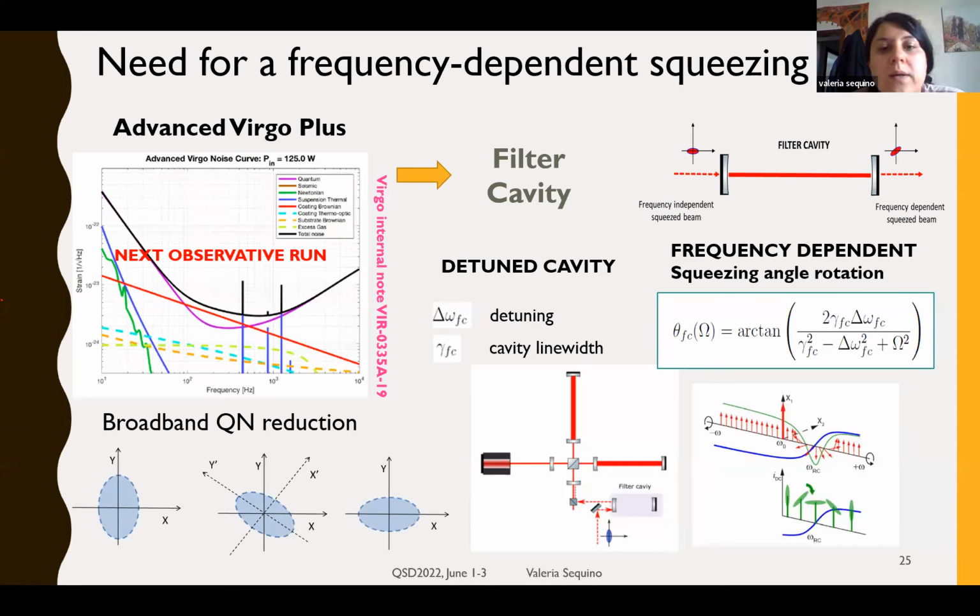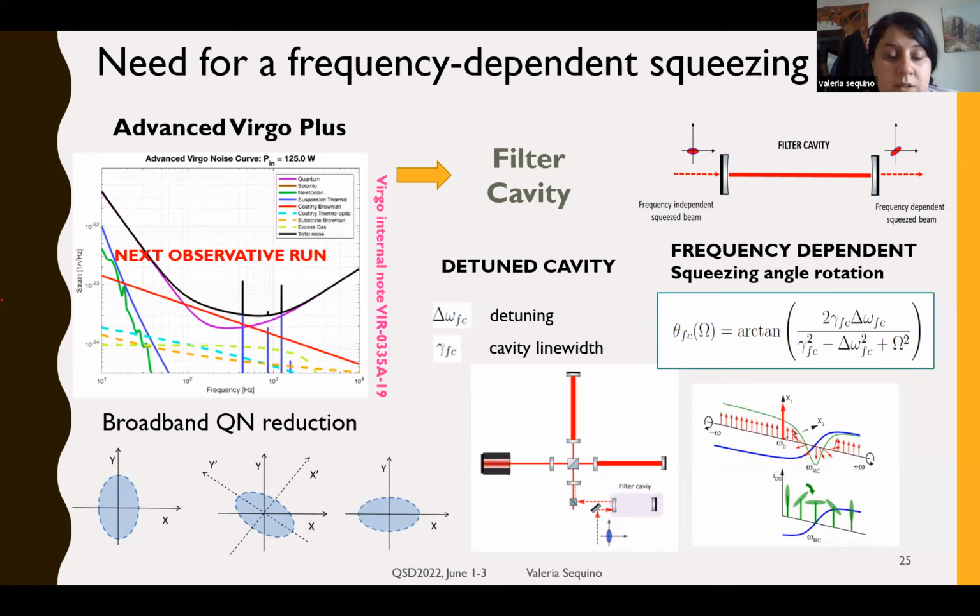This is what happened for Advanced Virgo, but now the interferometer is in a phase of upgrade. Actually we finished the upgrade, and now we are in the commissioning phase.